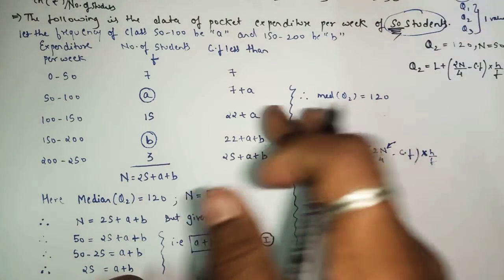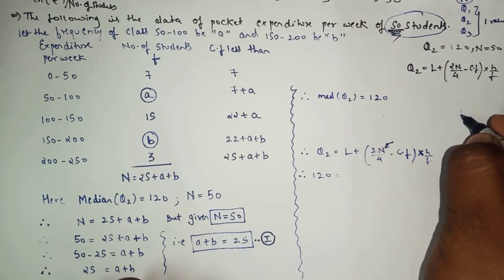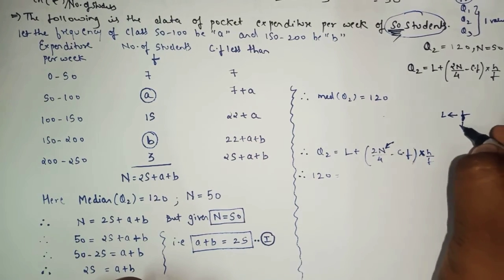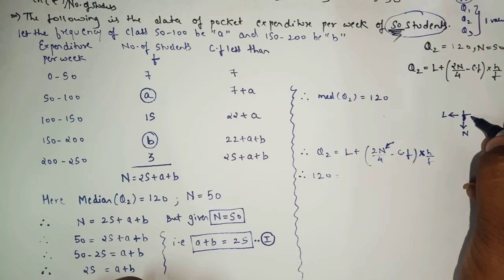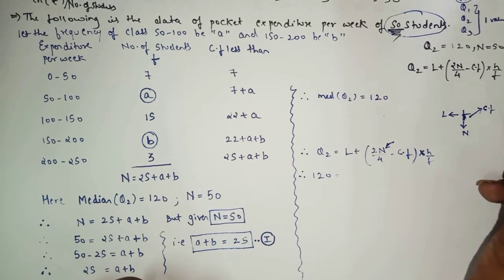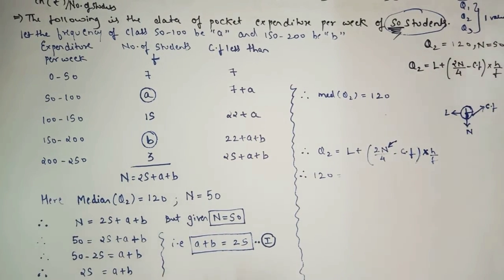But here the technique is different. We can find the answer directly, as we know that f is in the middle, l will be at the left hand side, n at the bottom, and in the cross you will get cf. Okay, so now we require this f, the median frequency.